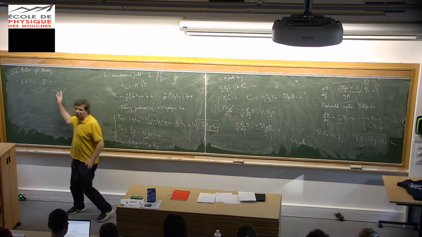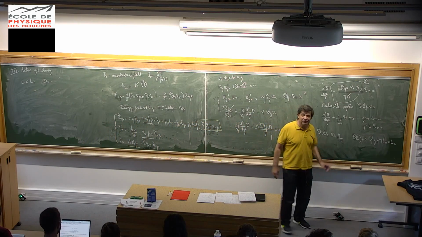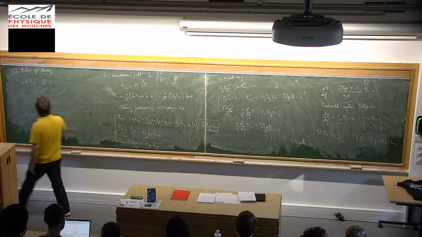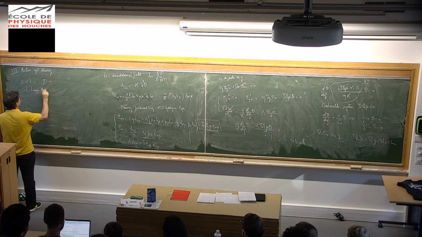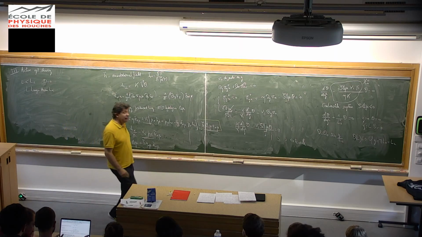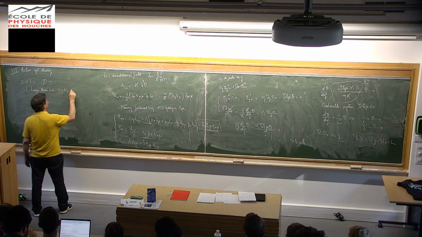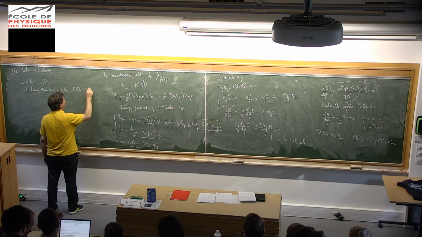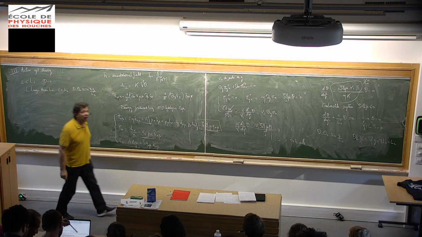So I'm saying if L is smaller than LC, what this tells me is that there is no other solution than theta equals 0. If L is larger than LC, there is a solution which remains finite, and if L is close to LC, the solution is theta equals theta 0 sine pi y over LC.